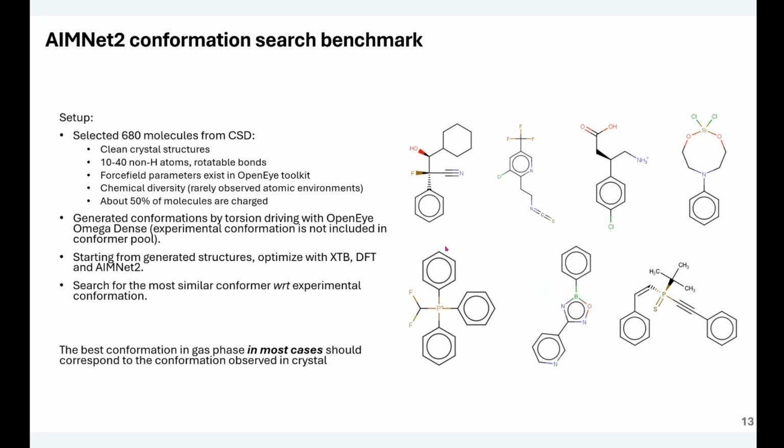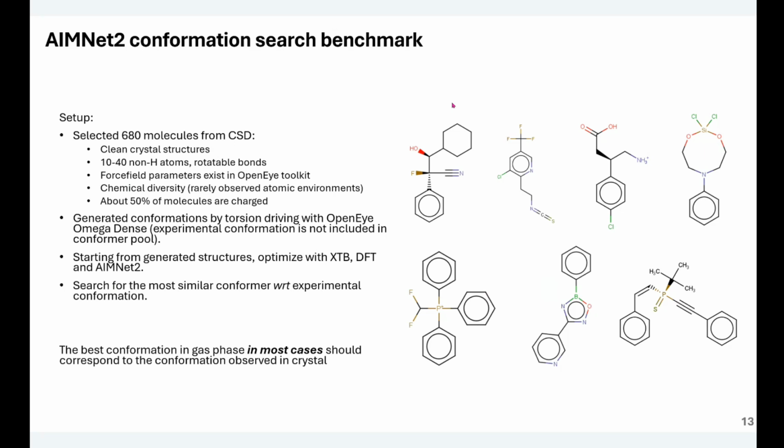So OpenEye Omega can generate conformations for those molecules. For each molecule, we make a conformational ensemble. We optimize all those conformers and look at the conformation which is the closest to the experimentally observed, and look at its energy.